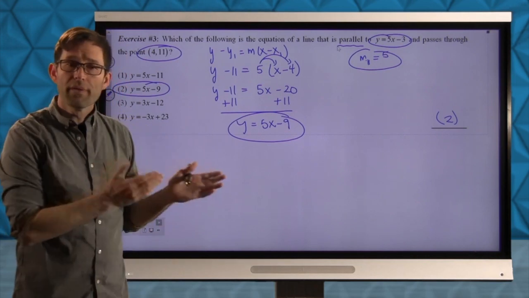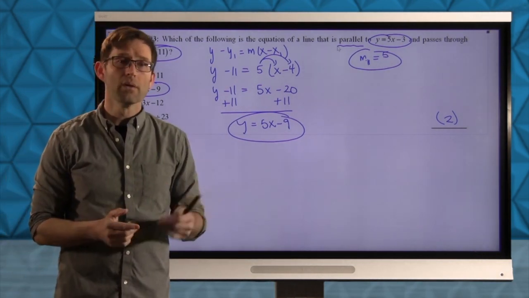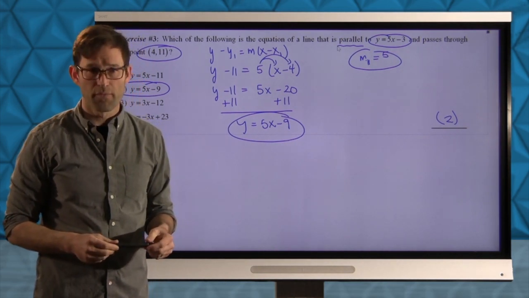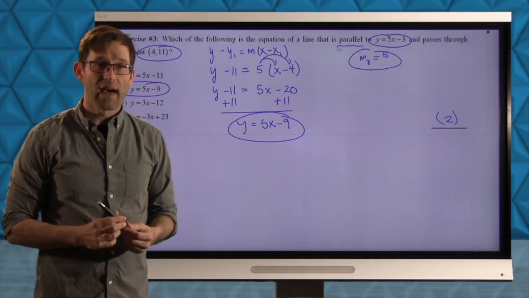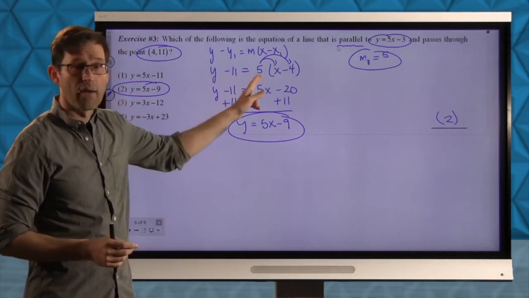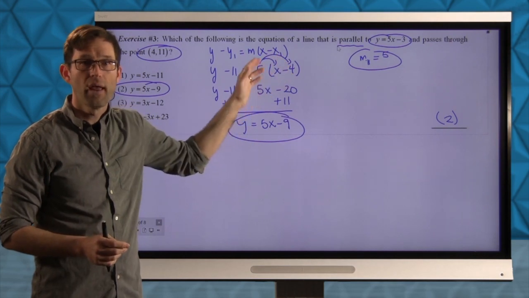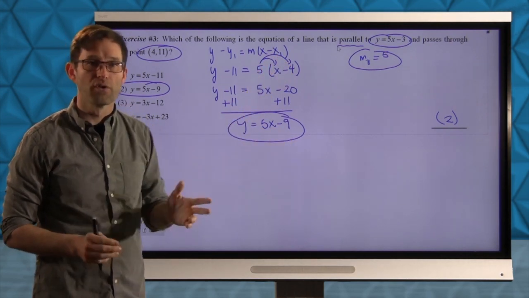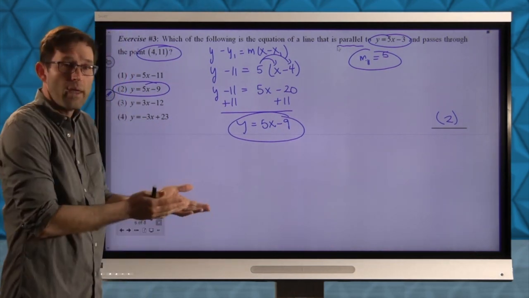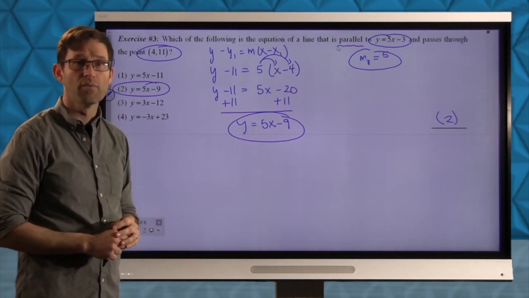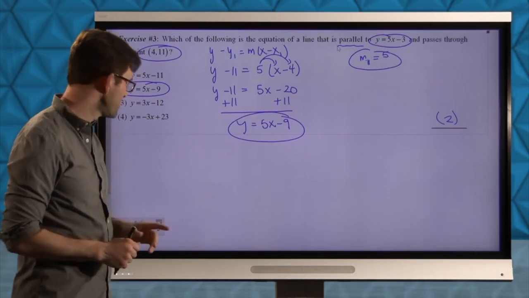Again, what this goes to show you is that sometimes, even though we may be looking for a slope-intercept form, y equals mx plus b, we can get at that by first more easily writing down the point-slope form, y minus y1 equals m times x minus x1, and then doing some kind of simple algebra to rearrange it. All right? Let me step out of the way, copy down anything you need to, then let's move on. All right, let's do it.